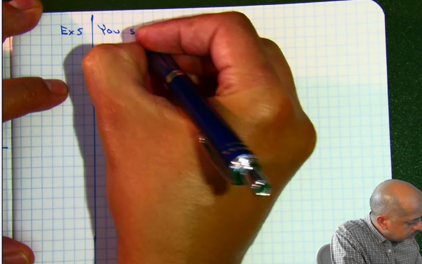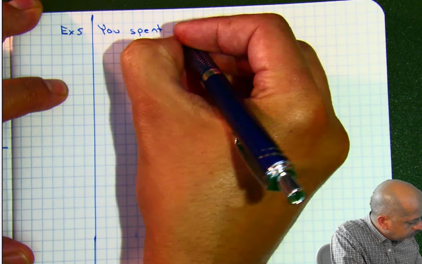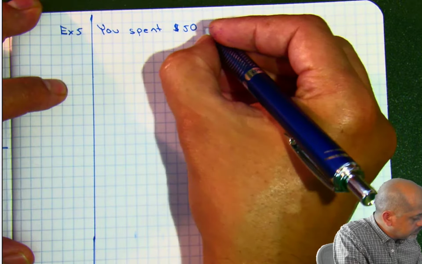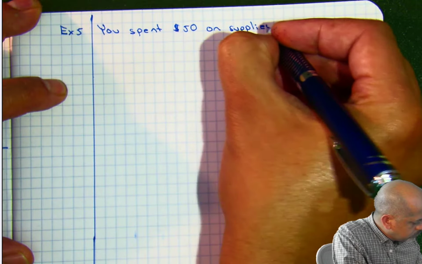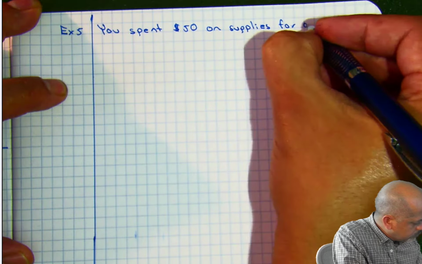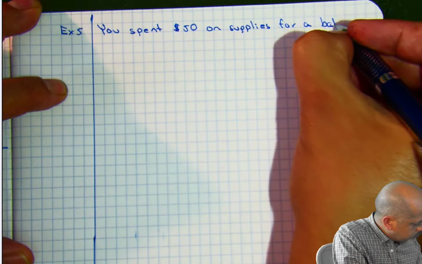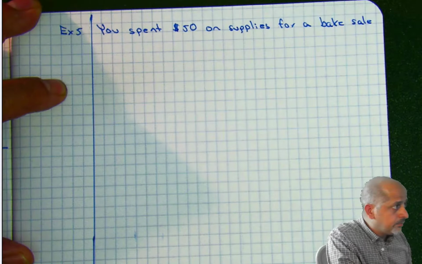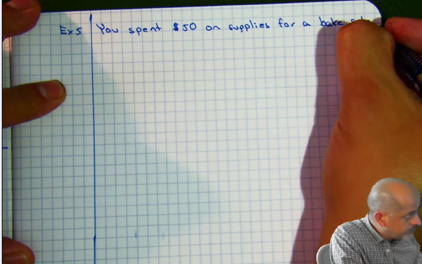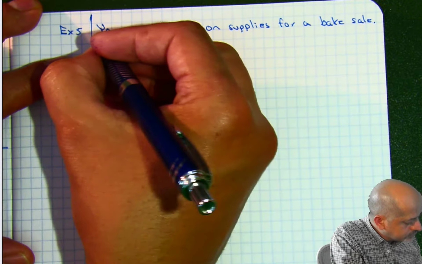You spent $50 on supplies for a bake sale. Each item you sold for $2.